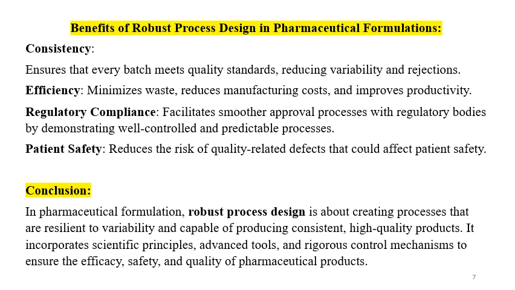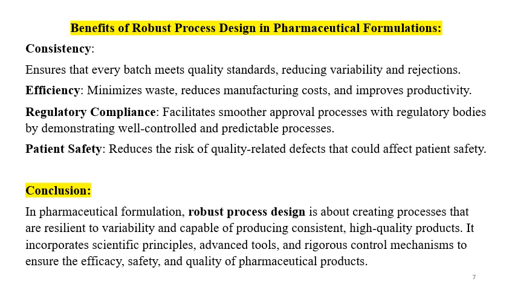Regulatory compliance. This facilitates smoother approval with regulatory bodies by demonstrating well-controlled and predictable processes. Patient safety. By making the processes robust, we can produce quality, defect-free products, and then we can certainly have a benefit for patient safety.